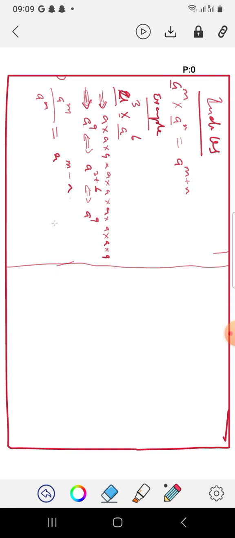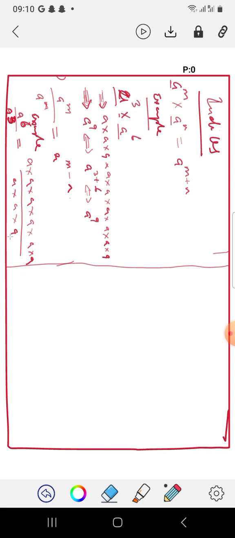If we base it on the example we did earlier, a raised to power 6 over a raised to power 3 is going to give us a times a times a times a times a times a, everything over a times a times a, isn't it?